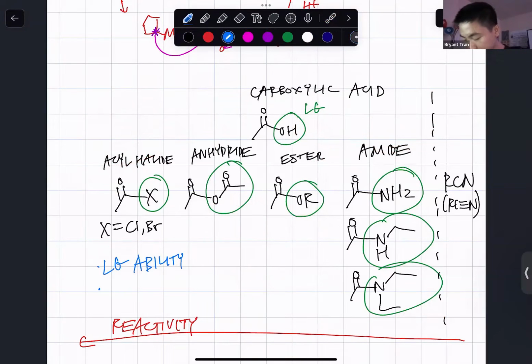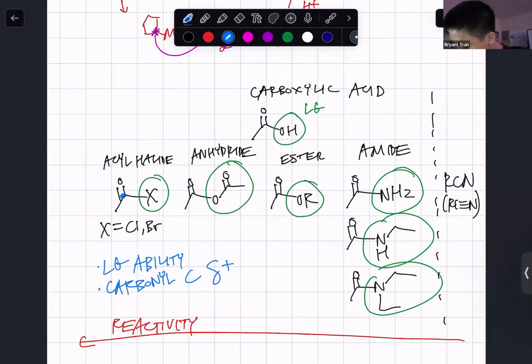The other important factor here is carbonyl carbon electrophilicity, the positive charge. This is about how positively charged all of these blue carbonyl carbons are.